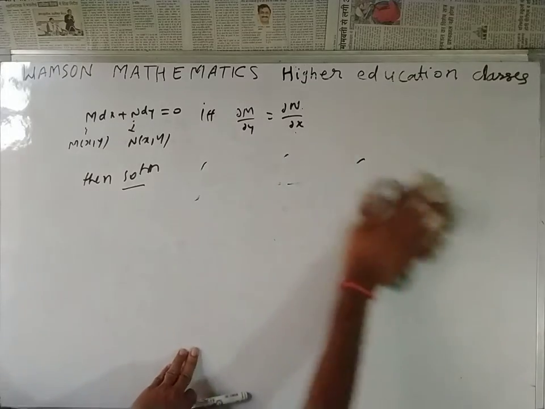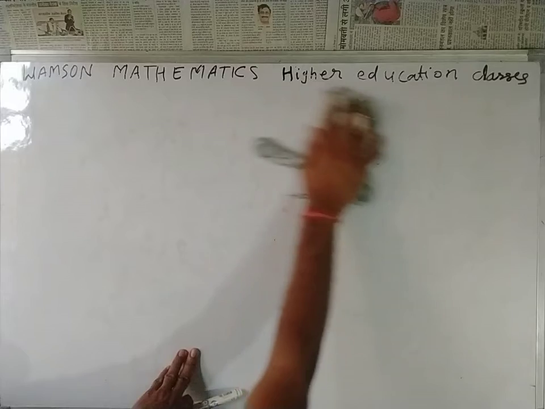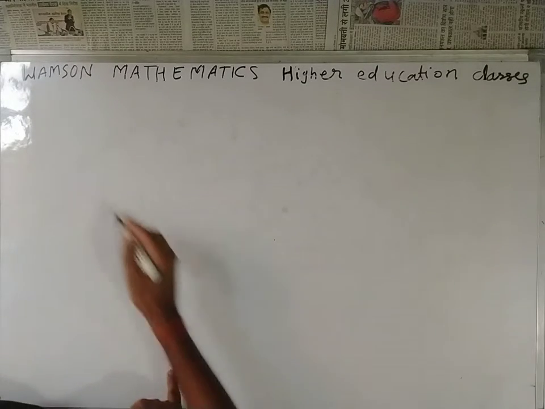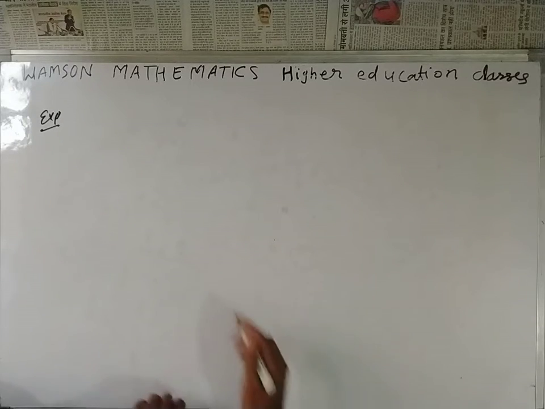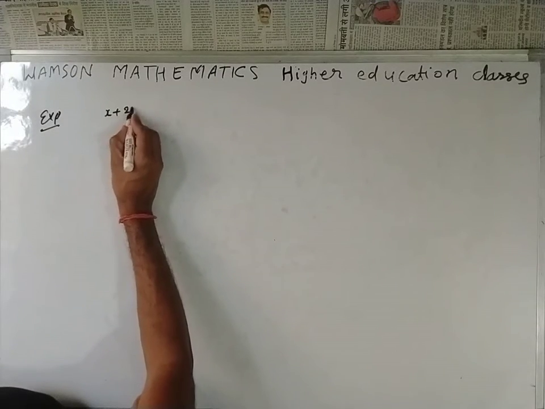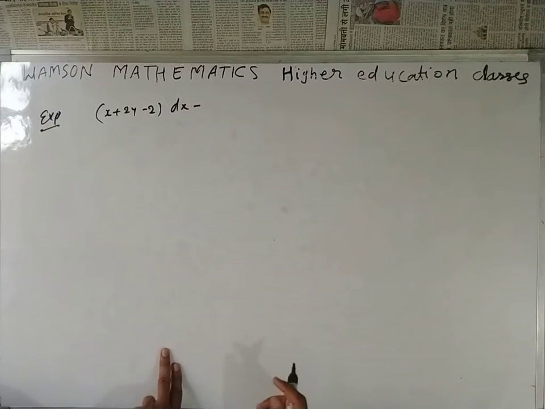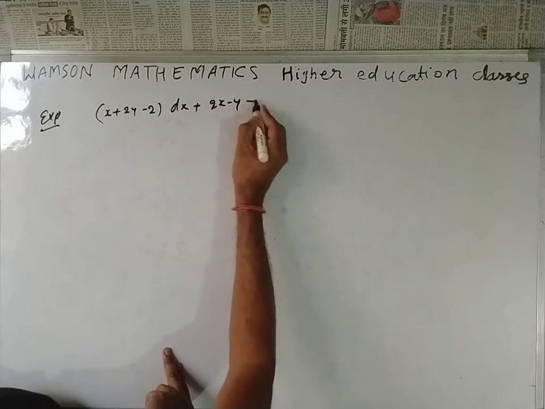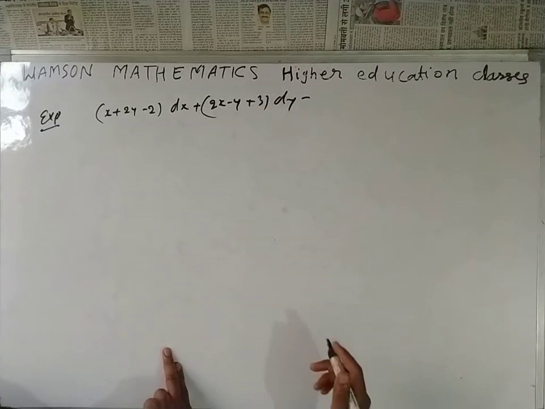Let us start some examples based on this differential equation. The first example is (x plus 2y minus 2) dx plus (2x minus y plus 3) dy is equal to 0.